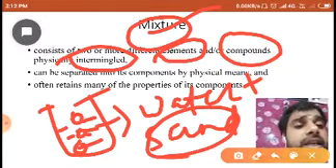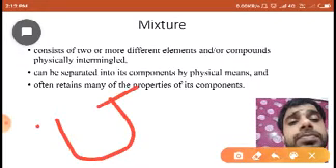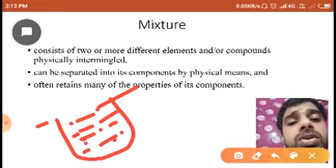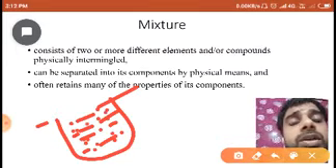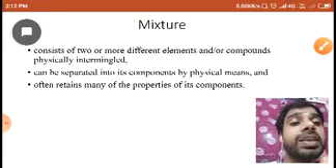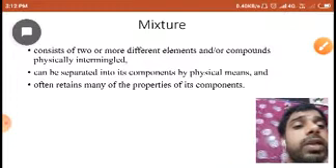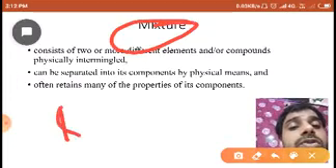If I take instead the example of salt plus water, everywhere salt is dotted, I have taken salt in between the water. So a mixture often retains many of the properties of its components. One mixture is formed from this salt plus water.